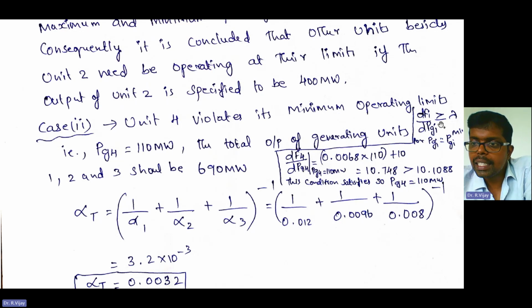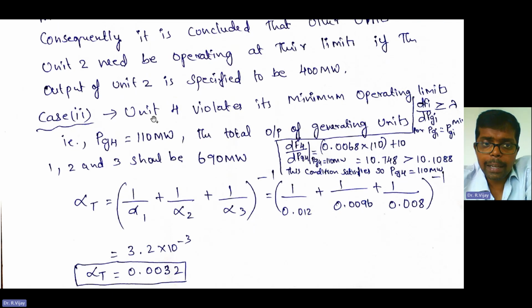Here we check that 10.748 is greater than the lambda calculated before, 10.1088. So this condition is satisfied. Now we are considering PG4 as 110 megawatt.